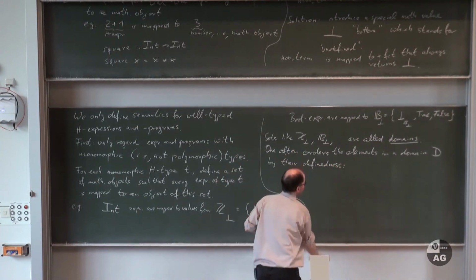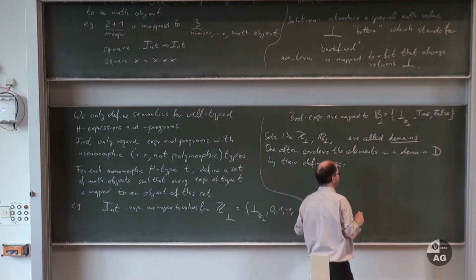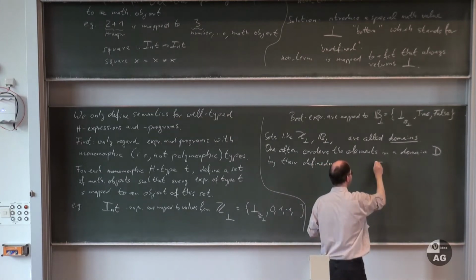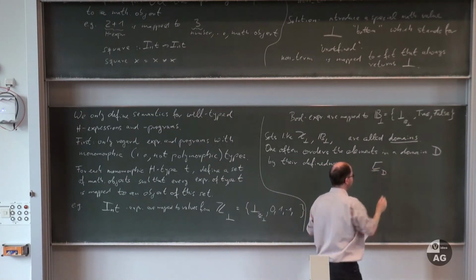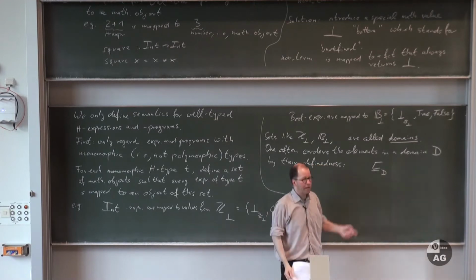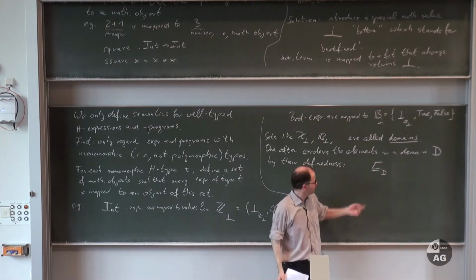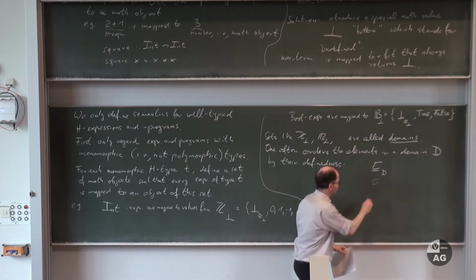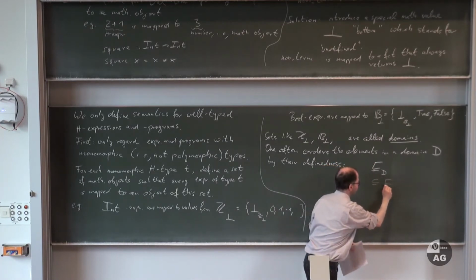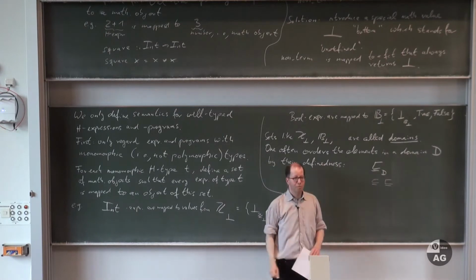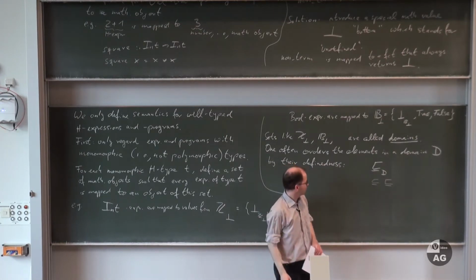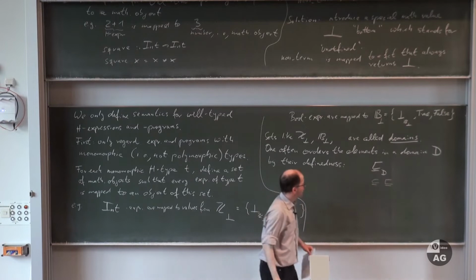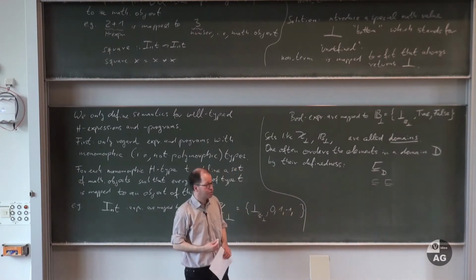And so for every domain D, we introduce an order which is written like this. It looks a bit like the subset relation, but this is written in square. I mean, the subset relation looks like this. And here we have the same thing, but with squares to distinguish it from the subset relation. So this is a relation between elements in a domain.